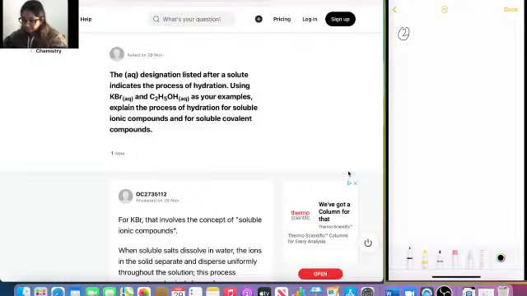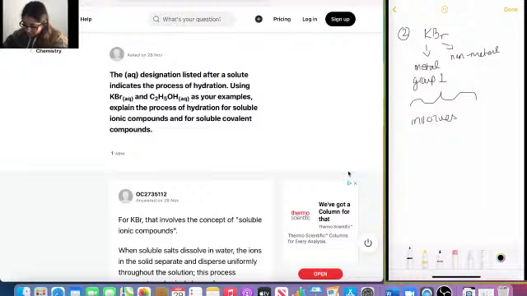And so for potassium bromide, as you can probably know by now, potassium is a metal from group 1, and bromine is a non-metal, so this involves the concept of soluble ionic compounds.